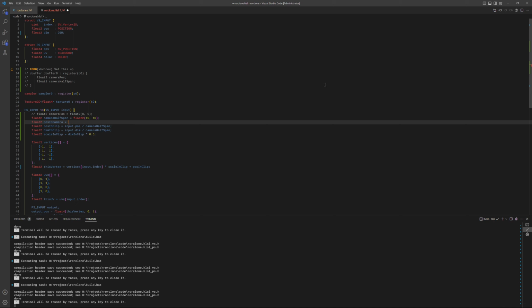Position camera is input position plus, well, maybe I guess minus. Because if the input is at 5 and the camera is at 10, then the input is actually at -5. So minus camera.